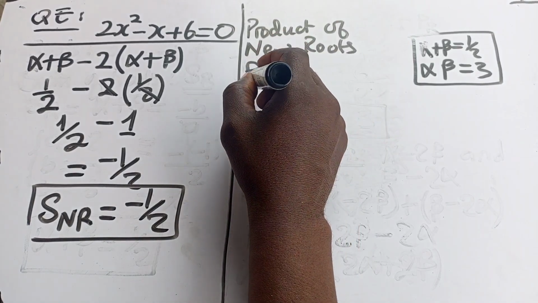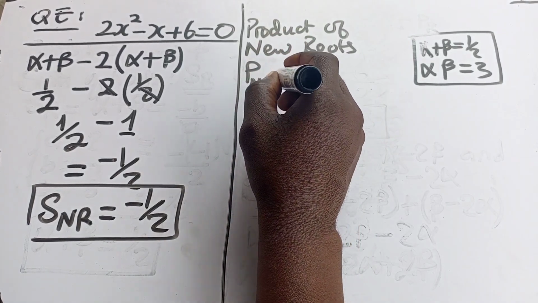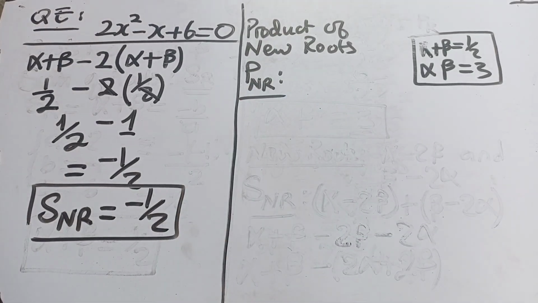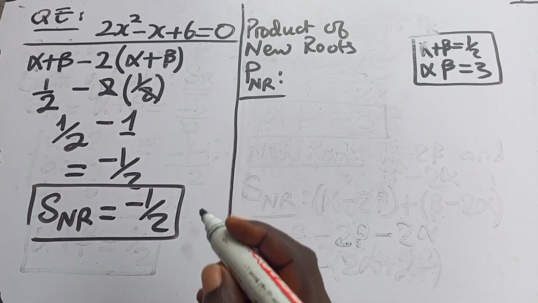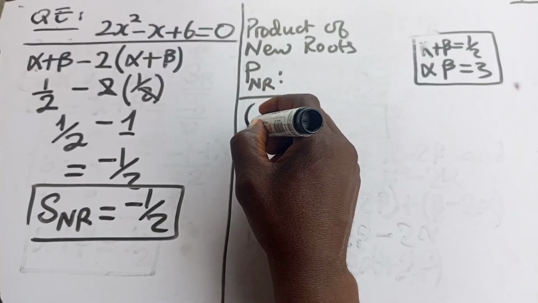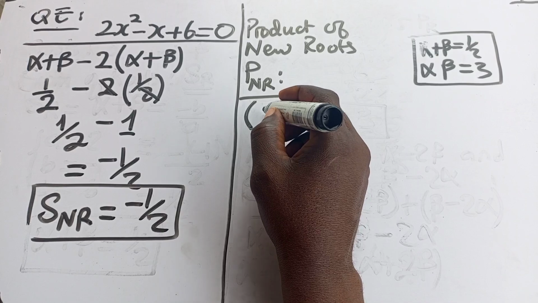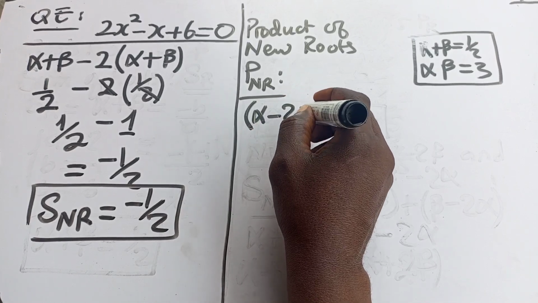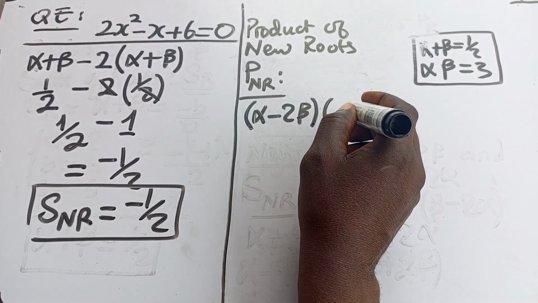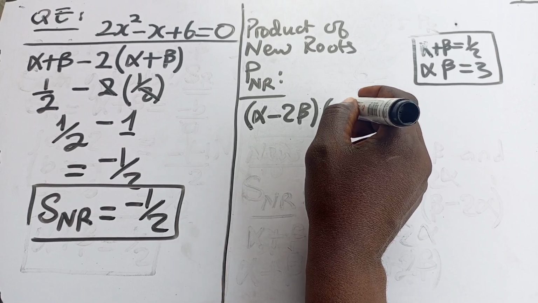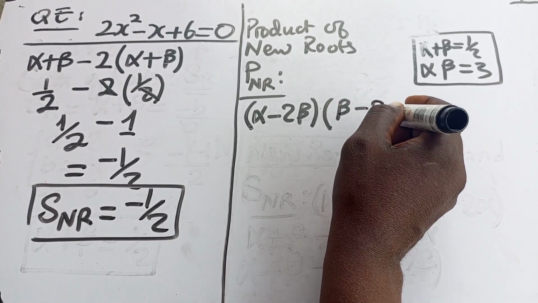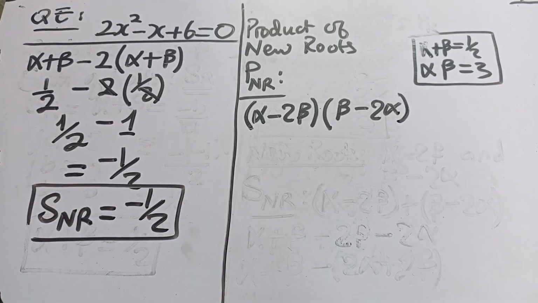Let's call that P subscript N R. Okay. Product of new roots, P subscript N R. That simply means we take the new roots and multiply them out. Again, the new roots were alpha minus 2 beta. We're going to multiply that with beta minus 2 alpha. We carry out that product.